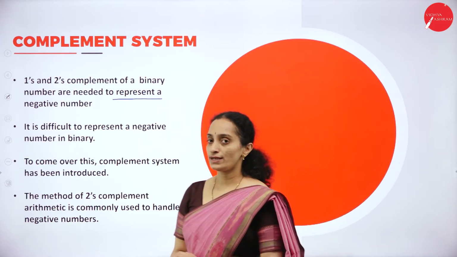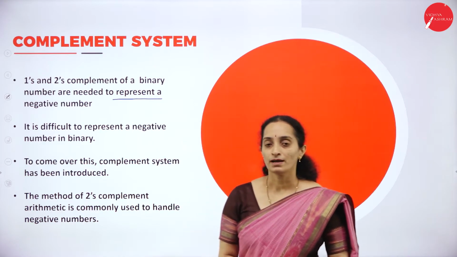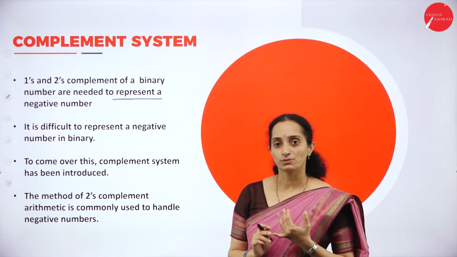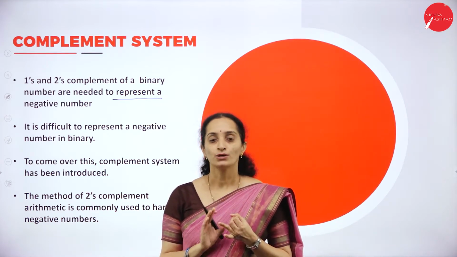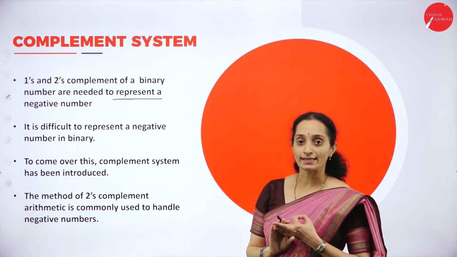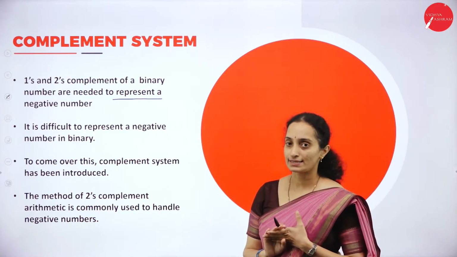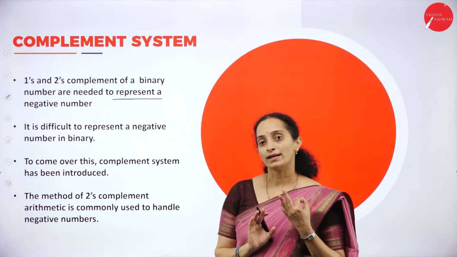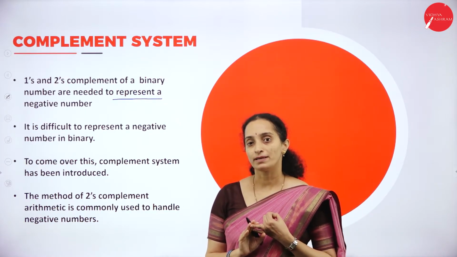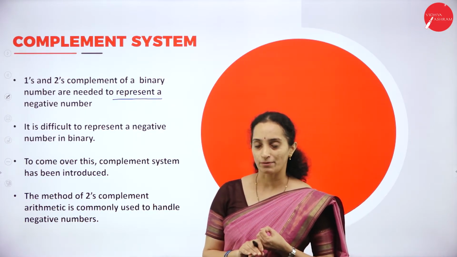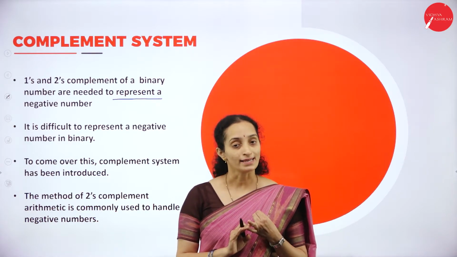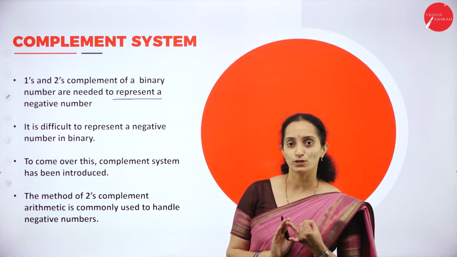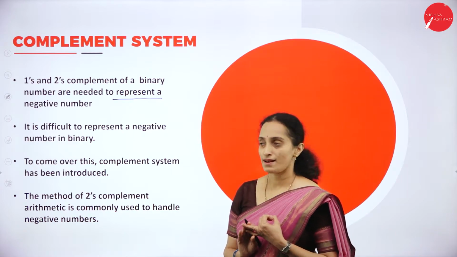Usually in the complement system we have 4 types. One is 1's complement, 2's complement, 9's complement and 10's complement. 1's and 2's complement will be used for binary numbers, whereas 9's and 10's complement will be used for decimal numbers.